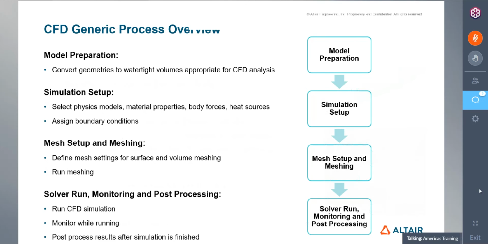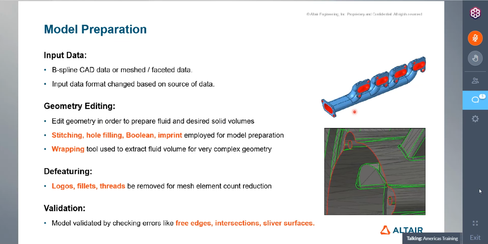So now, like I mentioned, in the model preparation stage, we'll usually bring in some kind of geometry from another CAD package. And once we bring in that model, depending on the way that the format gets exported, there can be some need for cleaning up the geometry. This isn't something exclusive to our software, it's just something that happens when you export models. There can be some errors in the geometry.